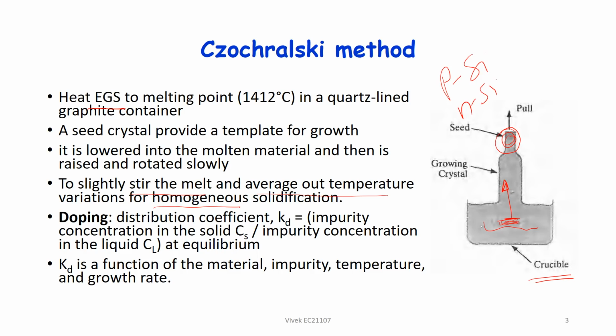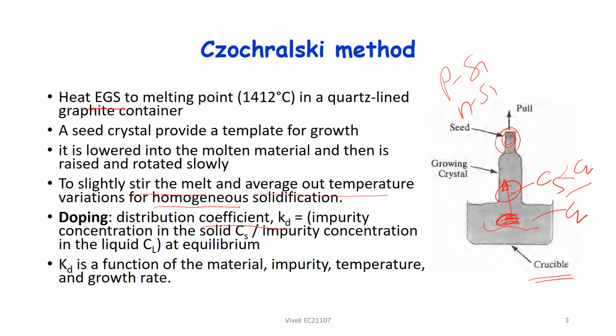There is a coefficient called the distribution coefficient, Kd, which is basically the ratio of impurity concentration in solid divided by impurity concentration in liquid. While it is solidifying, in the solid the impurity concentration is Cs, and here in the liquid it is Cl. Of course Cs will be less than Cl, right?